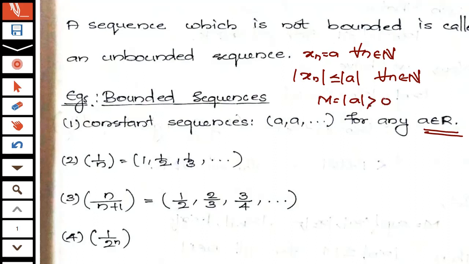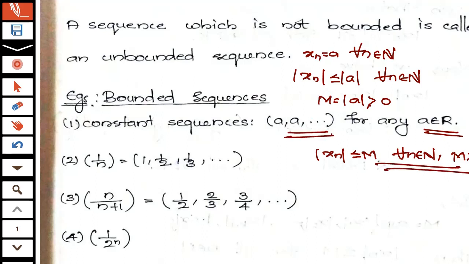So, this is clearly greater than 0. So, we can say |xn| less than or equal to M for all n belongs to N and some M greater than 0. So, this constant sequence a is bounded.